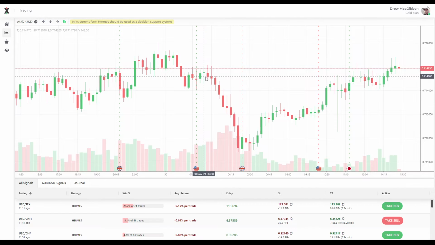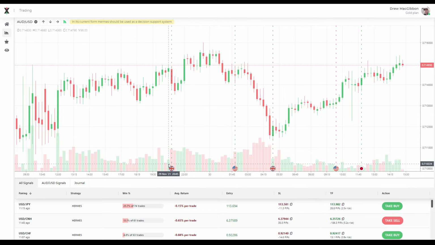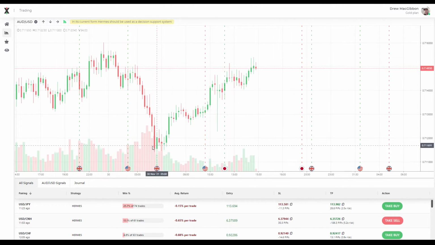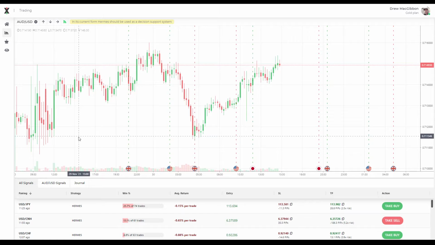If you watched yesterday's video, you'll immediately be able to see that we've added, as I said during the video I was thinking about doing, the sessions, so that we can quickly see when the sessions are starting, which is this green color that doesn't look very green, but it is green, I assure you, and then the red color here for when they're ending, with a little country flag down the bottom.